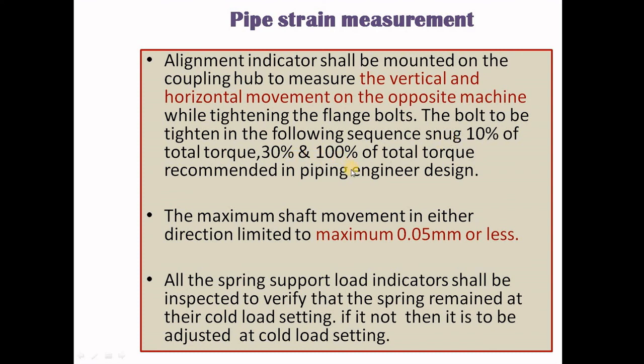There should be 2 dial gauges mounted radially, one horizontal, one vertical, and we have to see the readings. The reading should be within 0.5. If it goes beyond 0.5, then we have to cut the pipeline and rectify it. Spring supports also have to be checked, the cold reading should be checked, and it should be adjusted as per the OEM guidelines.